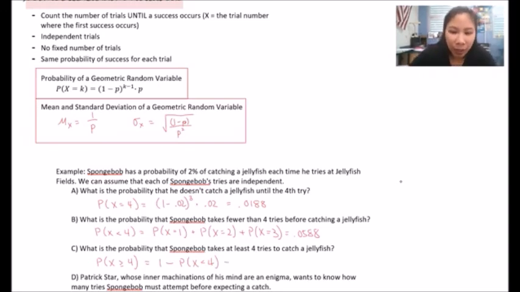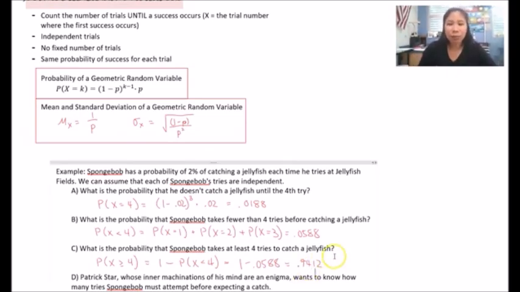And so if I use the calculator to find the probability that x is less than 4, which is what we just did in part B, we can just take that probability, subtract it from 1, and that'll give me all the numbers that I actually want, the numbers that are 4 or greater. So when I do that, I get 0.9412. So 94.12% chance that it takes SpongeBob at least 4 tries to catch a jellyfish.